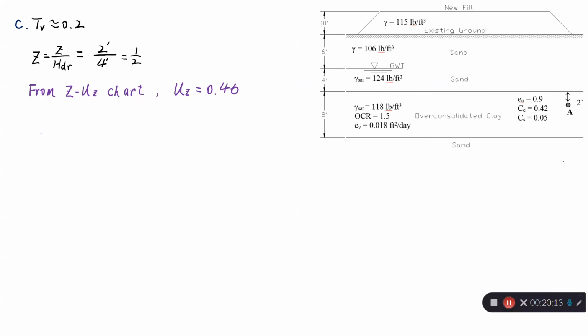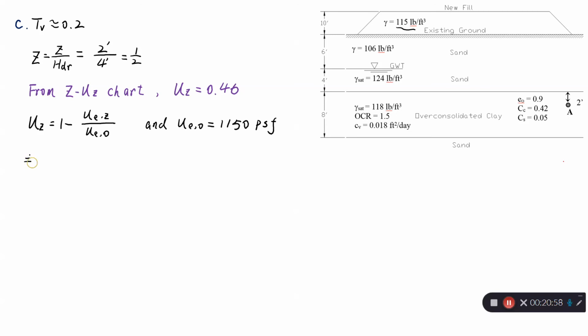And U_Z equals 1 minus U_EZ, the excess pore water pressure at the point of interest, over U_E naught. We know that U_E naught, the initial pore water pressure, is equal to the stress increment, so equal to 1150 PSF, which is 115 times 10.